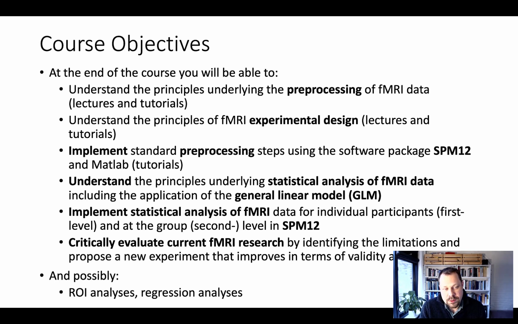And as I mentioned already, I would really like you to be able to critically evaluate current fMRI research. So what you will learn about the limitations of the methods that we use in neuroeconomics should put you in a position to critically evaluate papers that have been published, but also when someone proposes, let's say you take on a consulting job afterwards and someone proposes, well, let's use neuromarketing.